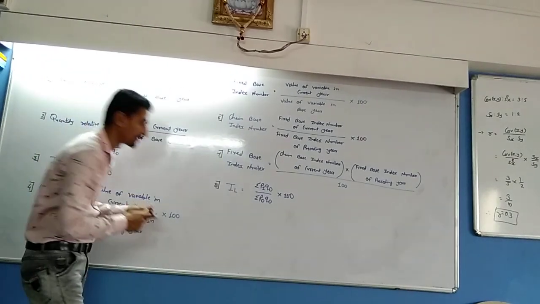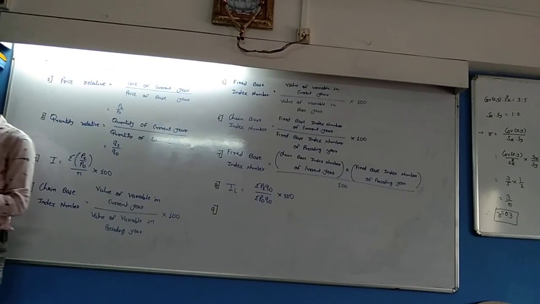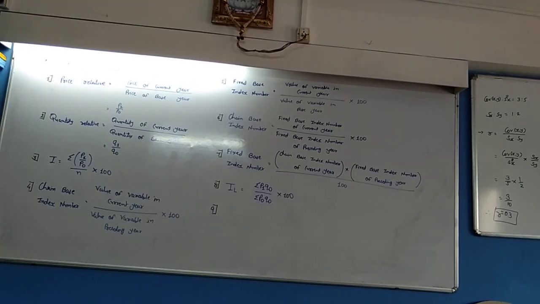IL, index number of last year, equals sigma P1 Q0 divided by sigma P0 Q0 into 100.